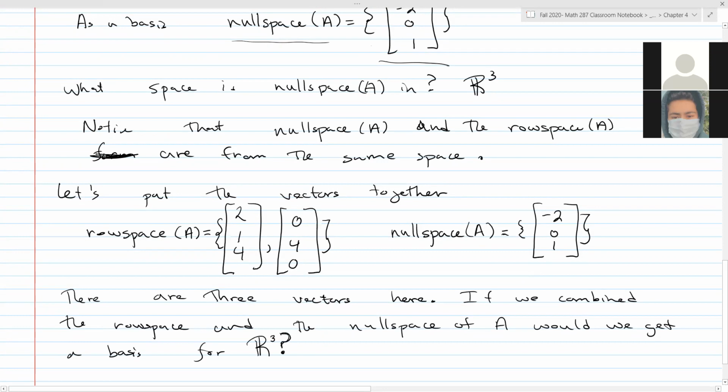So we want to ask ourselves, if we combine the row space of A and the null space of A, will we get a basis for R3? There are enough vectors there. There are 3 vectors, so that's the right amount of vectors.